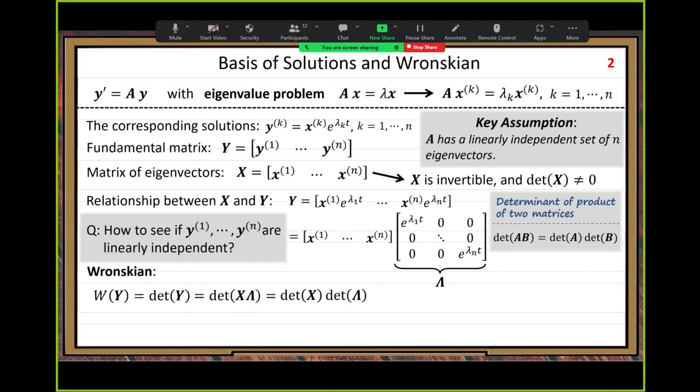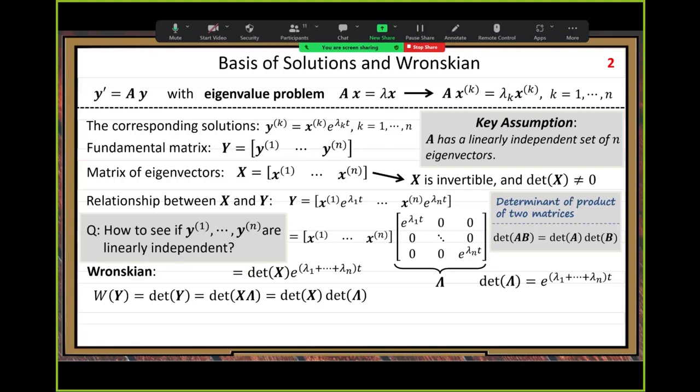And the determinant of lambda, because it's a diagonal matrix, is just the product of the diagonal entries. And it is not zero, right? An E function can never be zero. So the determinant of lambda cannot be zero. The determinant of X is non-zero, we already know it. X is invertible, we already saw the determinant of X is not equal to 0.